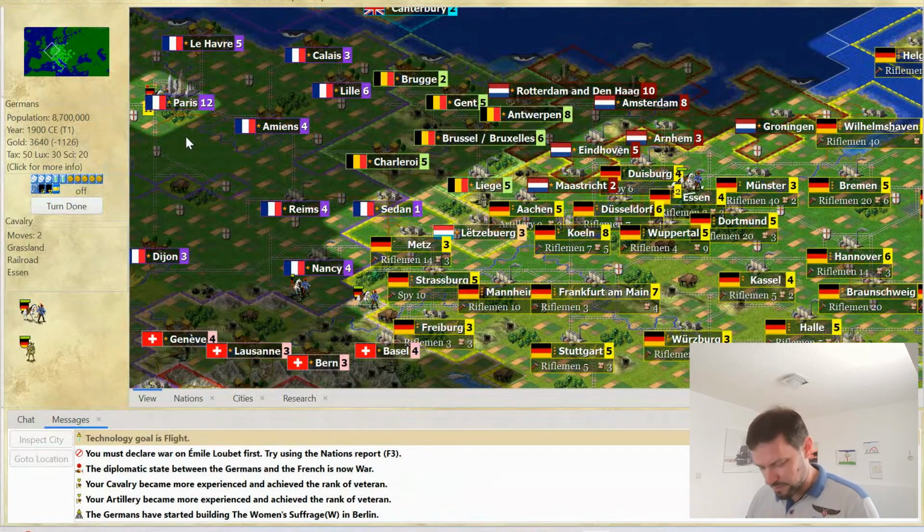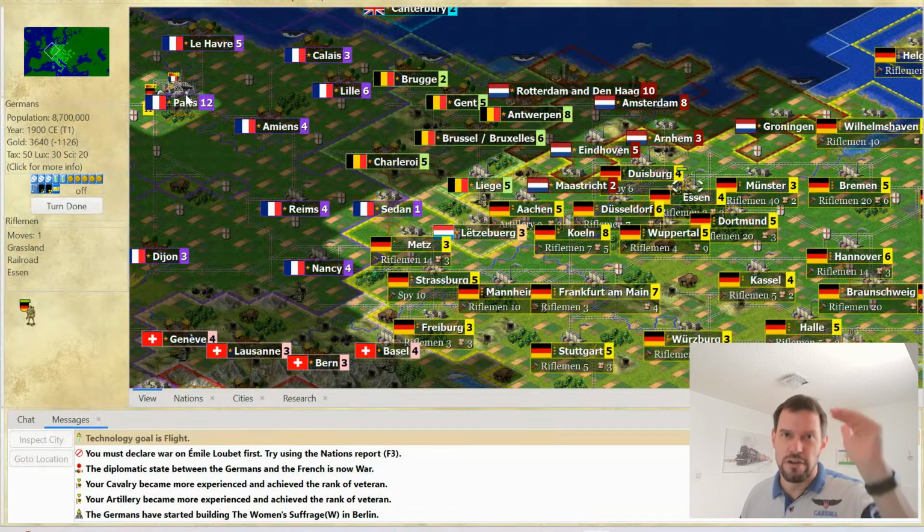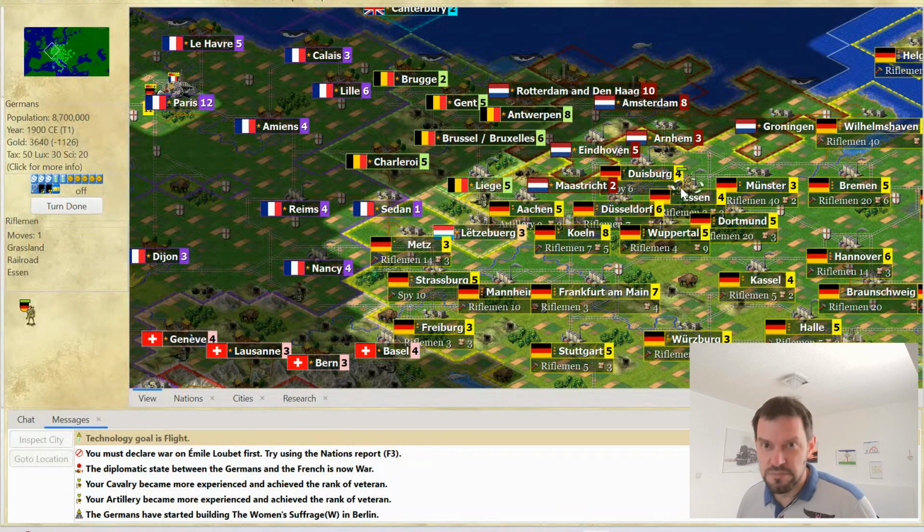Paris is a bit stubborn because it's so big and they put so much defense into it. However, they are already defending themselves with cannons, which are bad defenders. Good attack units, bad defenders. So if they defend themselves with cannons, we know we have exhausted the good defense units. So that is a good thing for us.